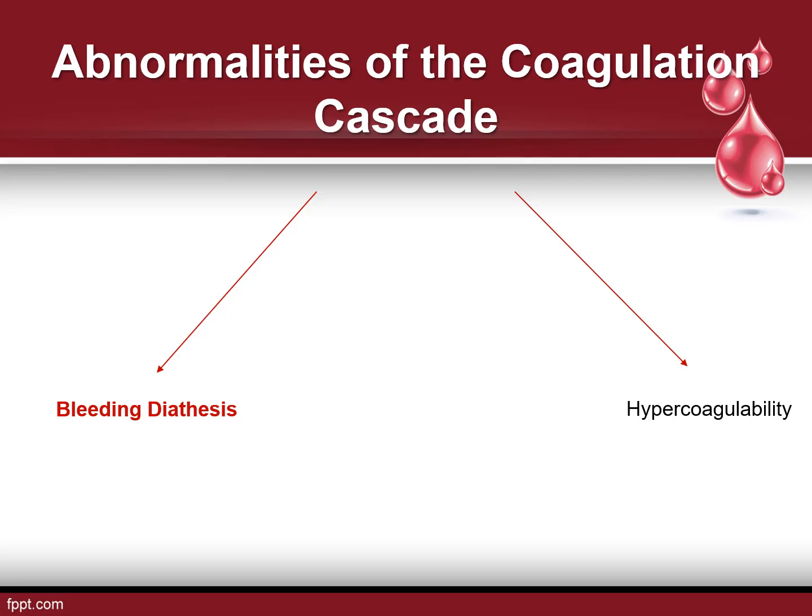However, a bleeding diathesis refers to an increased tendency to bleed or bruise. It might result from acquired or congenital causes, most of which result in an impaired clotting process.